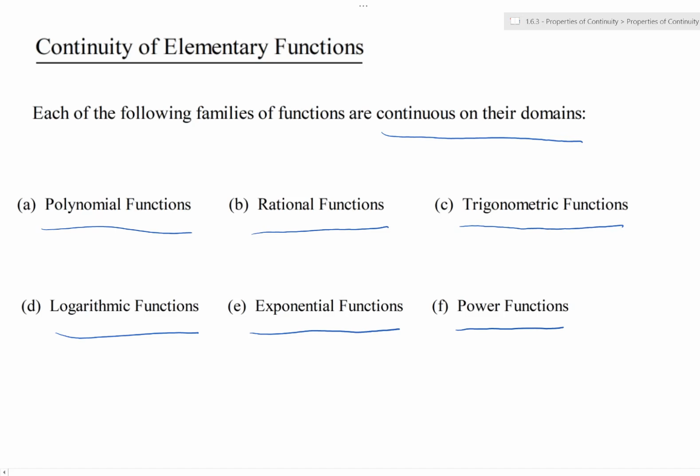Can you think of an elementary function that has some type of hole or jump or gap in its graph? Rational functions have holes, but no jumps. All the rest of these functions don't. So really what it comes down to is, as long as you're not piecewise defined, you're one of these elementary functions, then as long as you're defined, you're continuous.